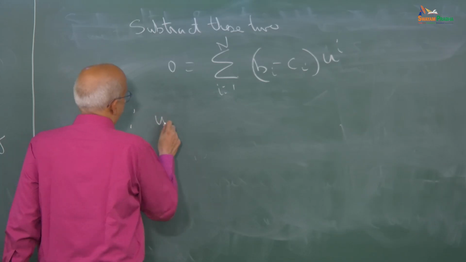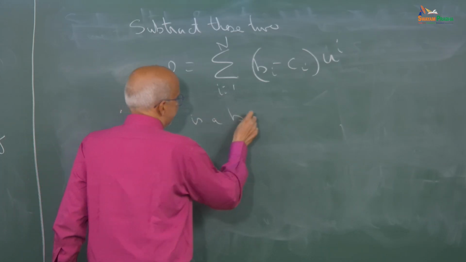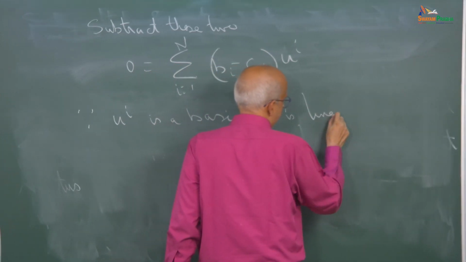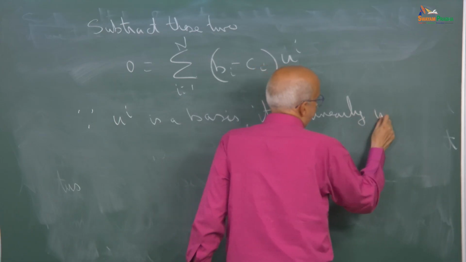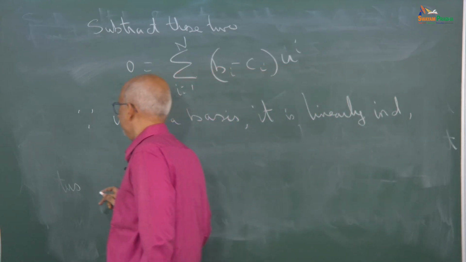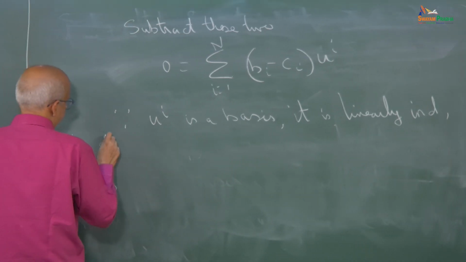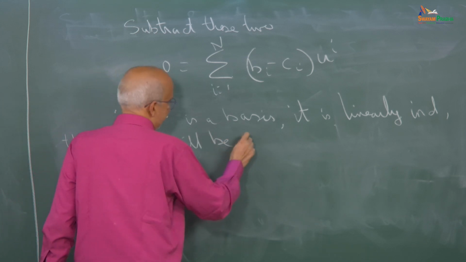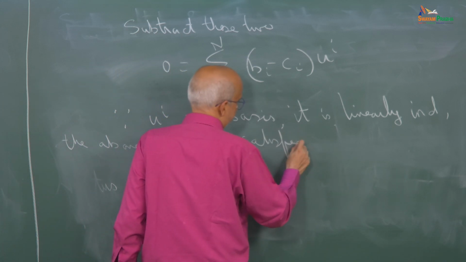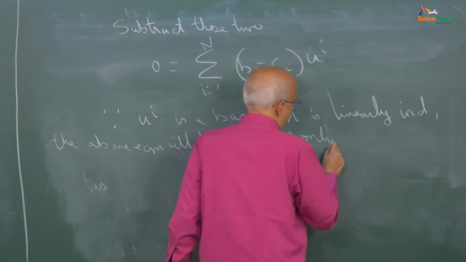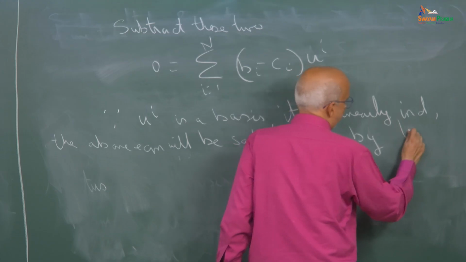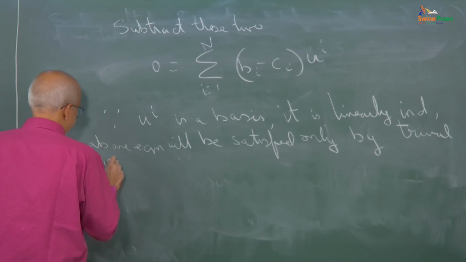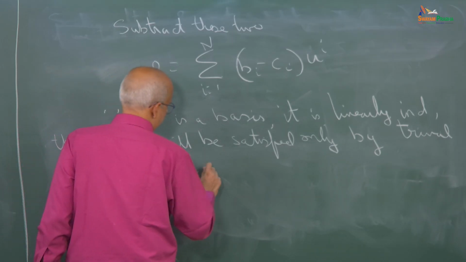Since ui is a basis, it is linearly independent, the above equation will be satisfied only by the trivial relation, which is Bi equals Ci.